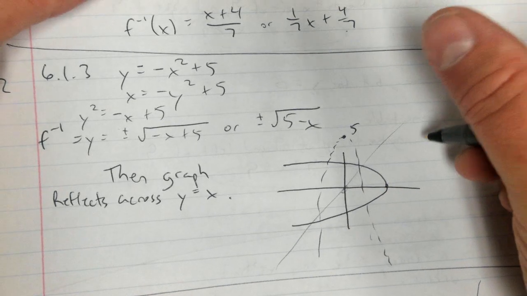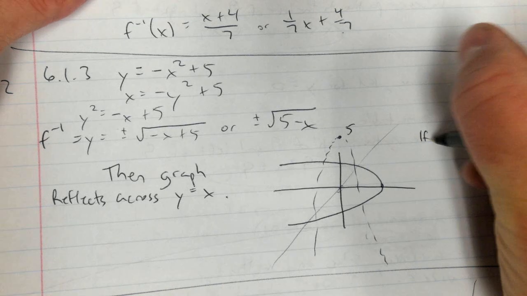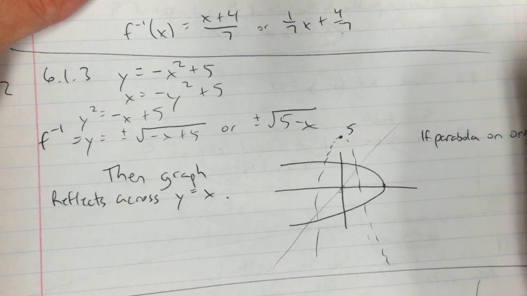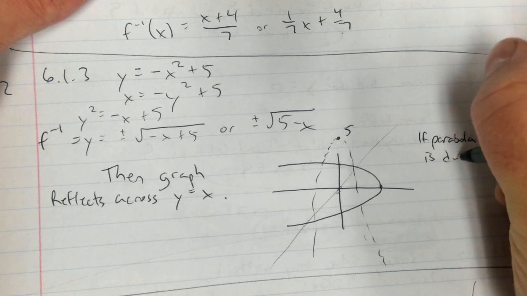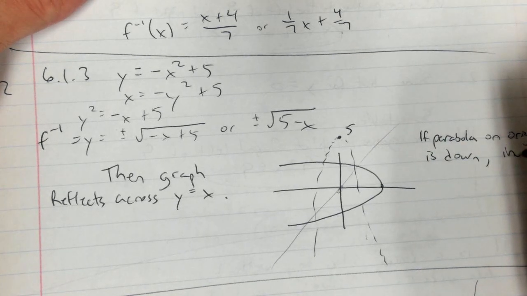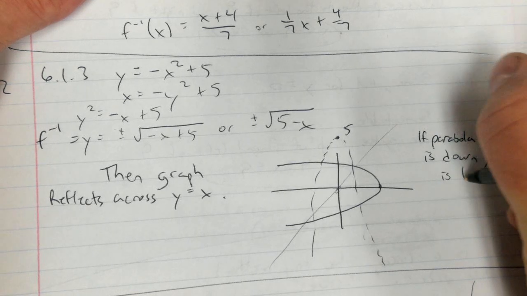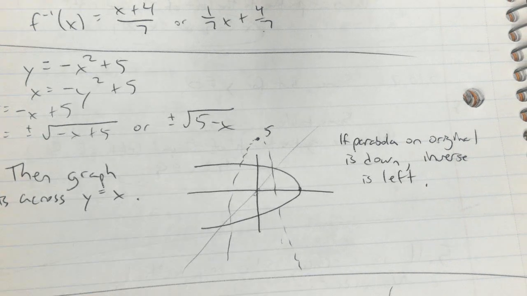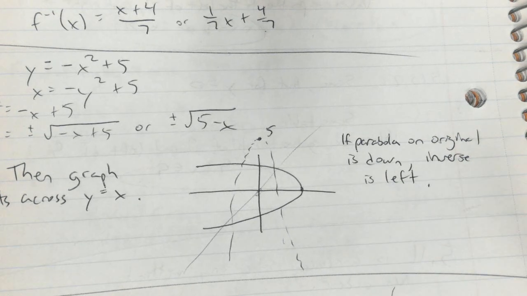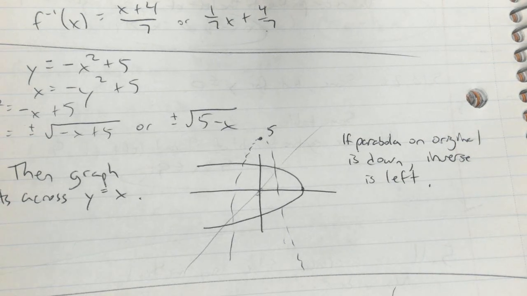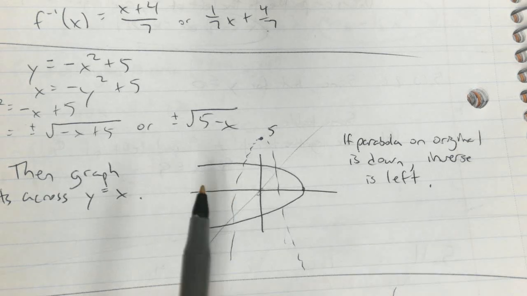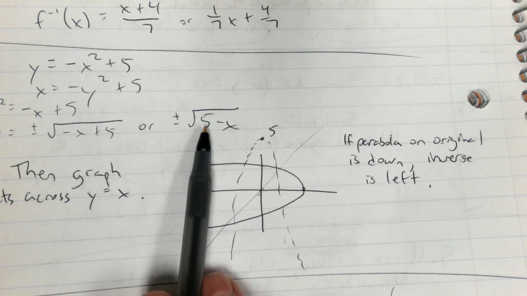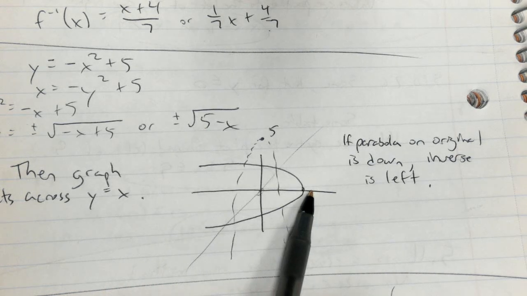So like I've said, if the parabola on the original is down, the inverse is left. And in the same way, if it were up, then it'd be right. Just pay close attention to whether it had to be a positive 5 or a negative. But in this case, it did have to be positive.